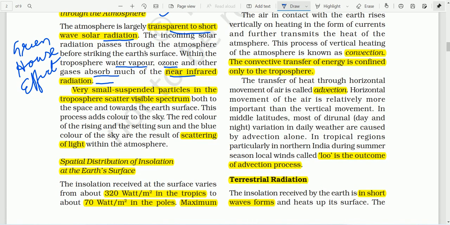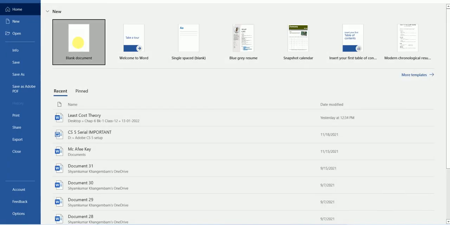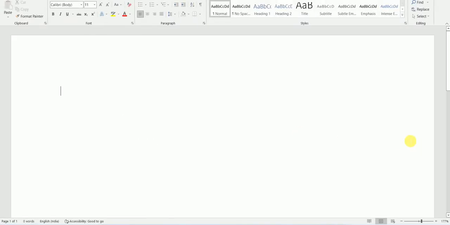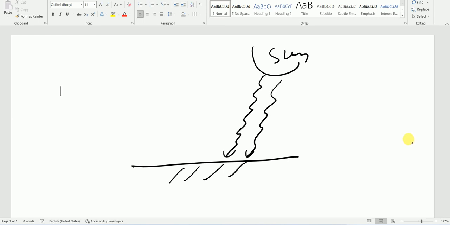So let me explain it again. Let us say this is the surface of the earth, and here we have the sun. The sun radiates energy in the form of short waves, which in simple terms is sunlight.